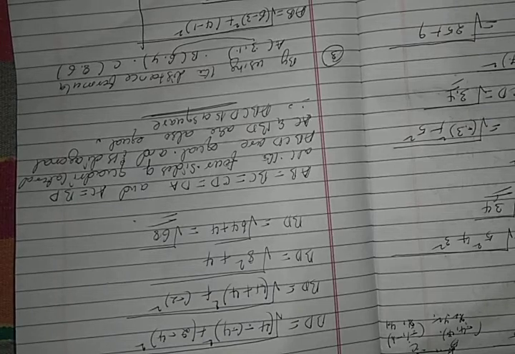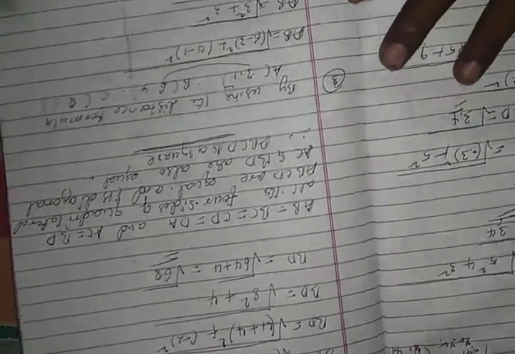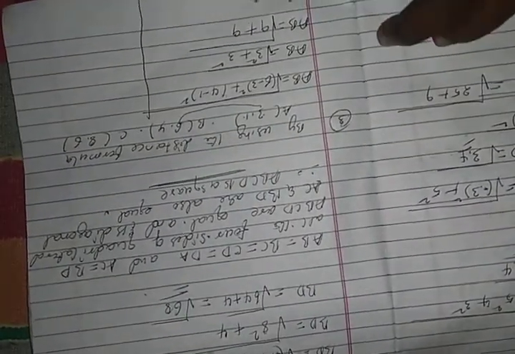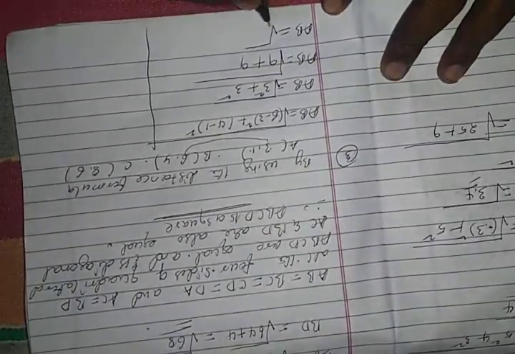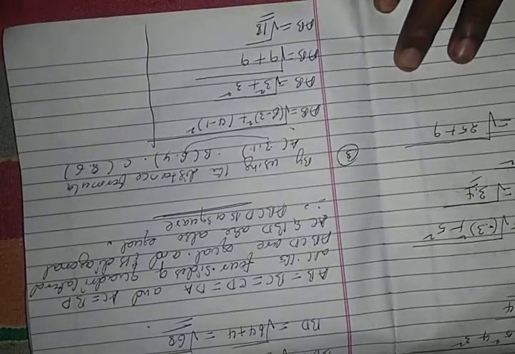Then AB is equal to square root of 3 square is 9 plus 3 square is 9. So 9 plus 9 is 18. So the distance between A and B is square root 18.